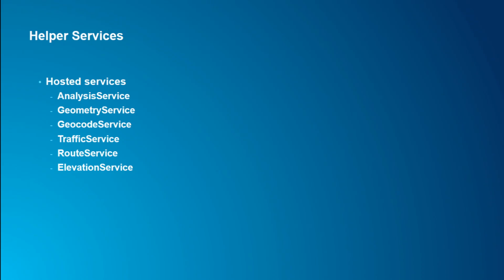We won't go into any detail about these today because you could have a whole session about analysis or geocoding, and there are sessions about those which Xueming will point you towards. It's just to point out that we do have these services here. There's nothing you need to do to set them up. They are hosted services as part of the portal on ArcGIS Online, so you'll be able to grab those and use them as you like.